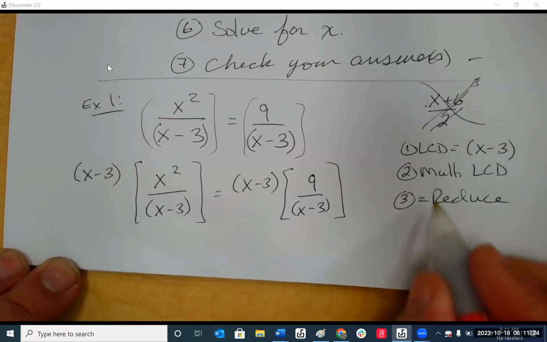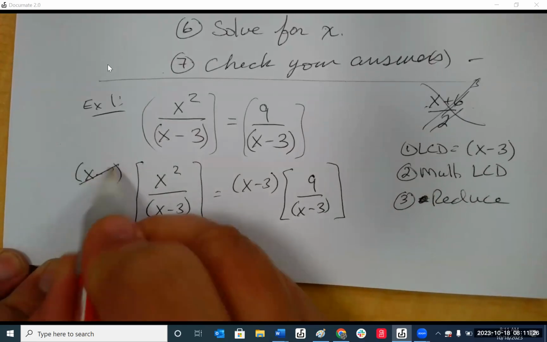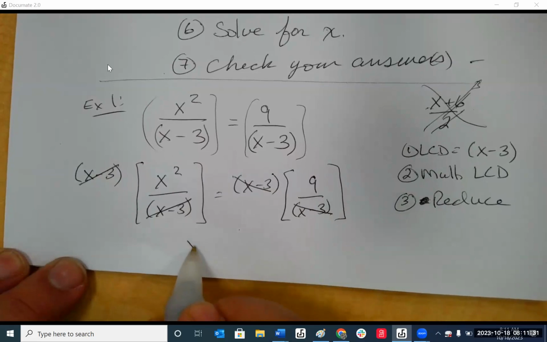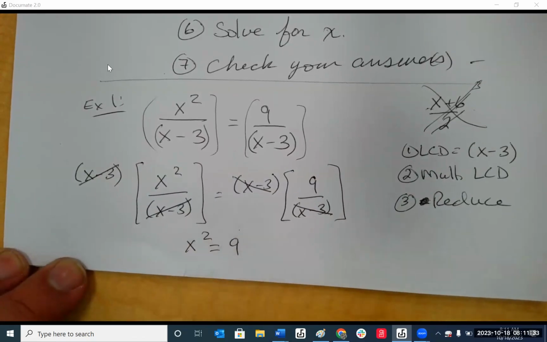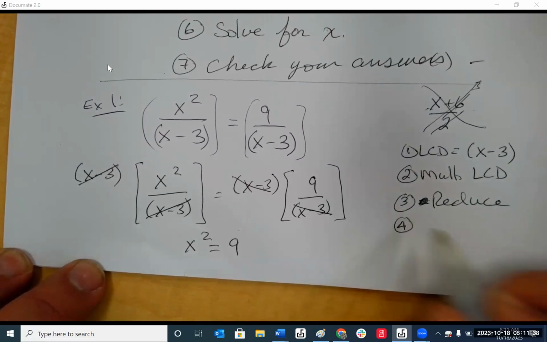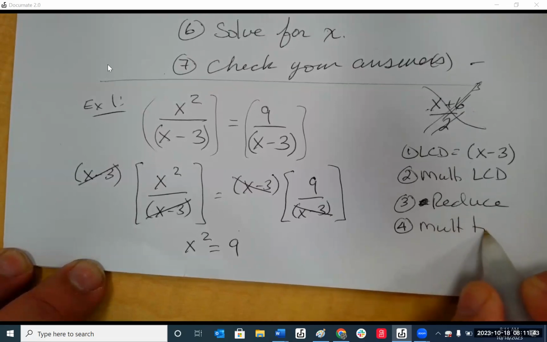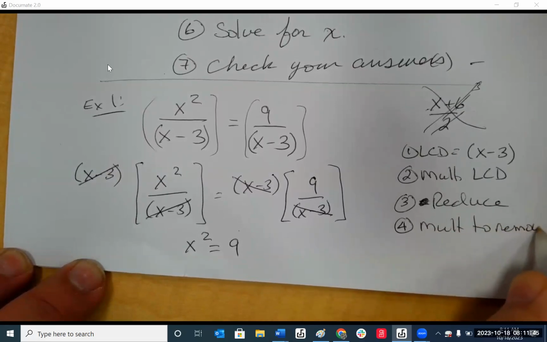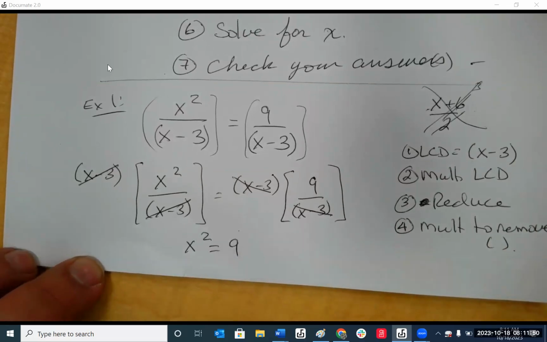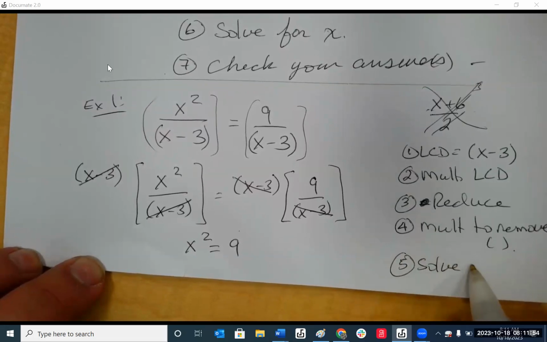Next step is reduce. So that cancels with that. That cancels with that. So what we're left with is x squared equals 9. Multiply to get rid of parentheses. And since we don't have any, we don't have to worry about that. Solve for x.